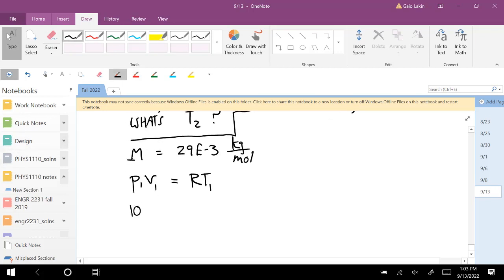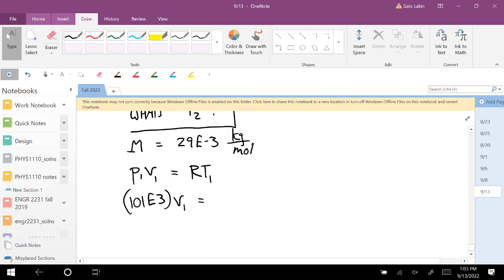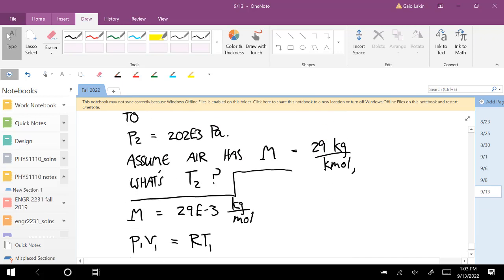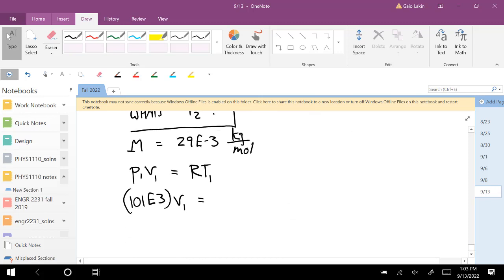So 101 times 10 to the third times V1 is equal to 8.314. That's the universal gas constant, divided by 29 times 10 to the minus third.